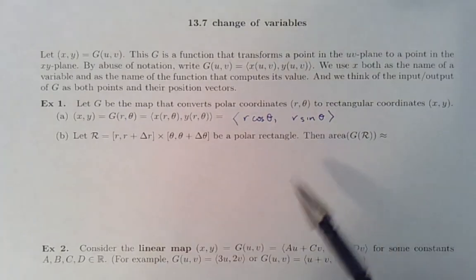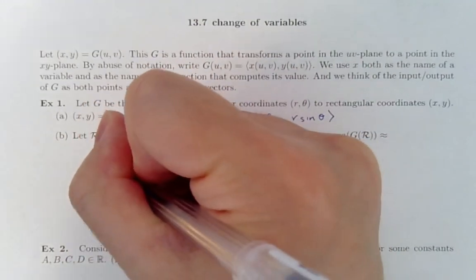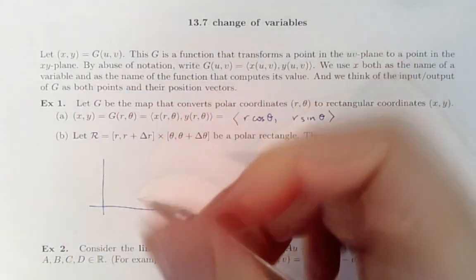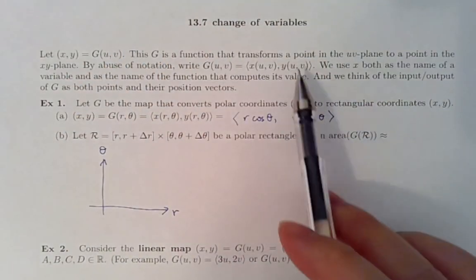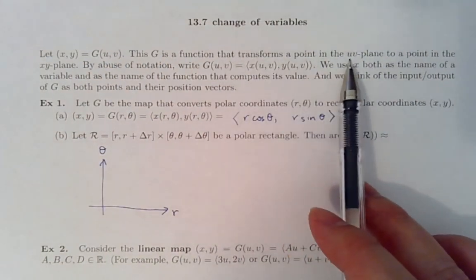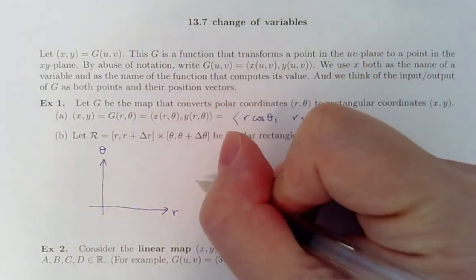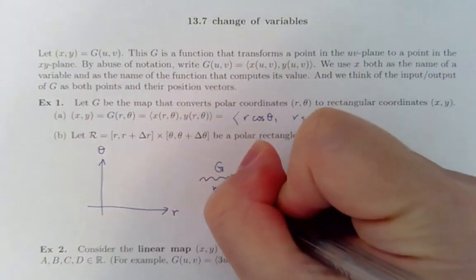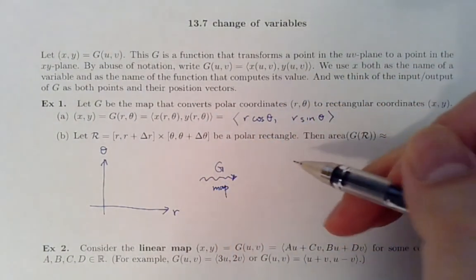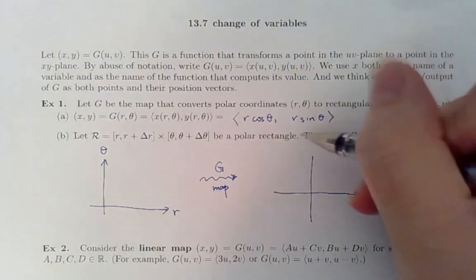Let me draw a picture of what's going on. I'm going to draw it in the r theta plane. Just like I said, it takes a point in the UV plane. Here u and v are r and theta. And then we're going to map it using g. This is our map, and it's going to map over to the xy plane.